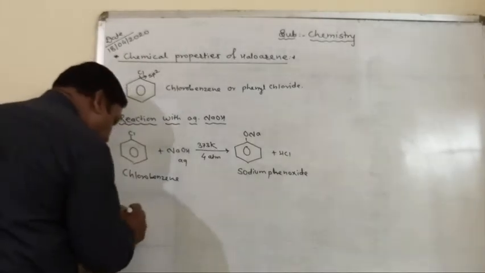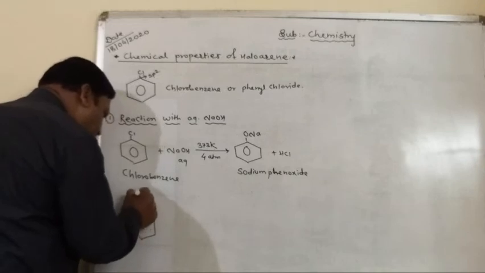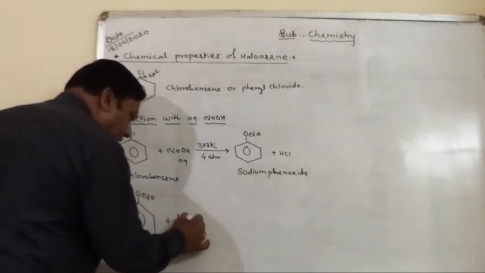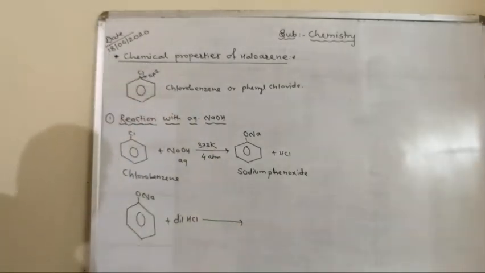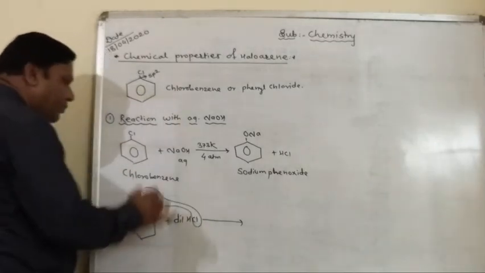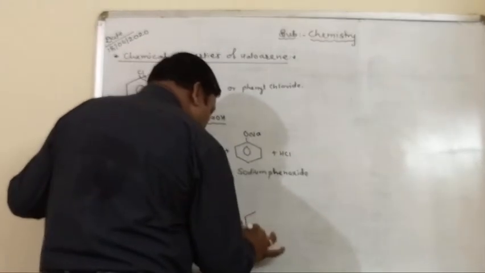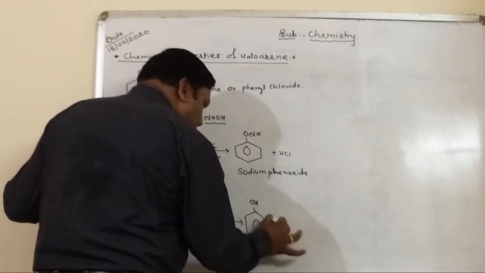And in the further step, the sodium phenoxide is acidified with dilute HCl, so it eliminates NaCl and you will get the formation of phenol.